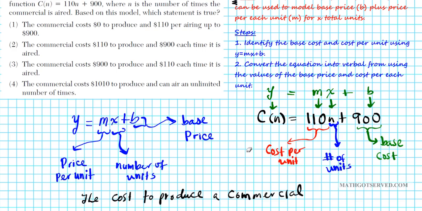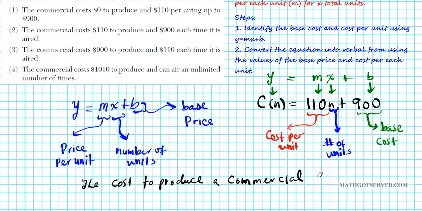Well, you have a base price of 900, so you have a base cost of 900, plus what? 110 cost per n units.